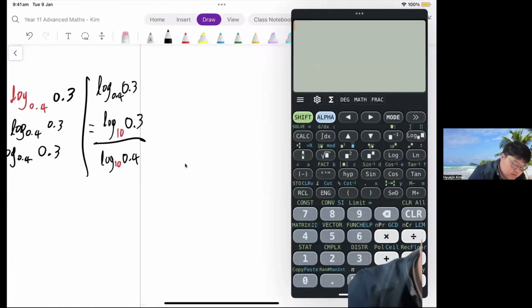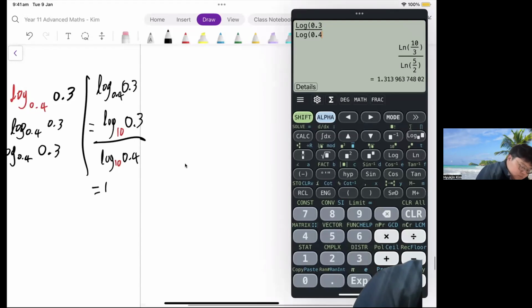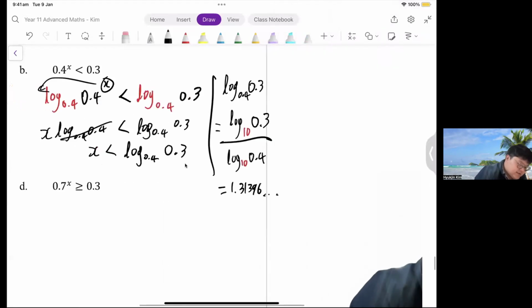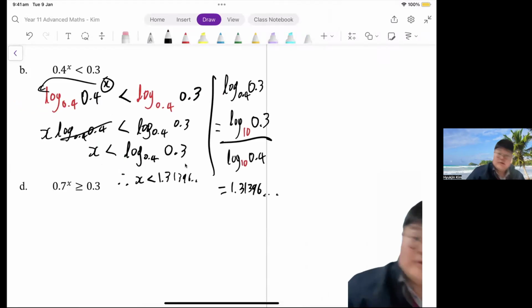Now I do log 0.3 over log 0.4. Okay, now that you have this, x is less than 1.31396 dot dot dot.